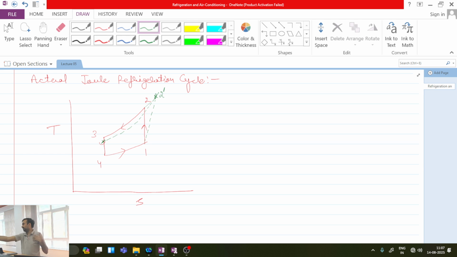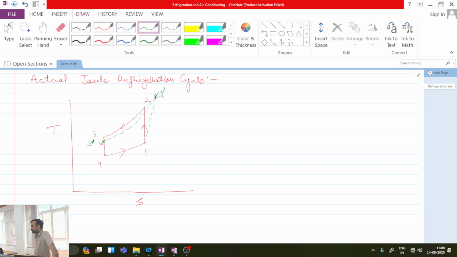Okay, so the actual point will be somewhere at 3 dash. Is everything clear with this? Now from 3 dash to 2, again I will have the expansion process. What will be happening?